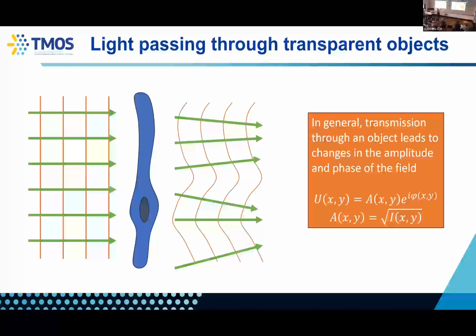So as I mentioned previously, what happens when light passes through an object like this? There are not only variations in the amplitude of the transmitted field, but changes in the thickness and refractive index of the various components of the object also contribute to changes in the phase of the field.